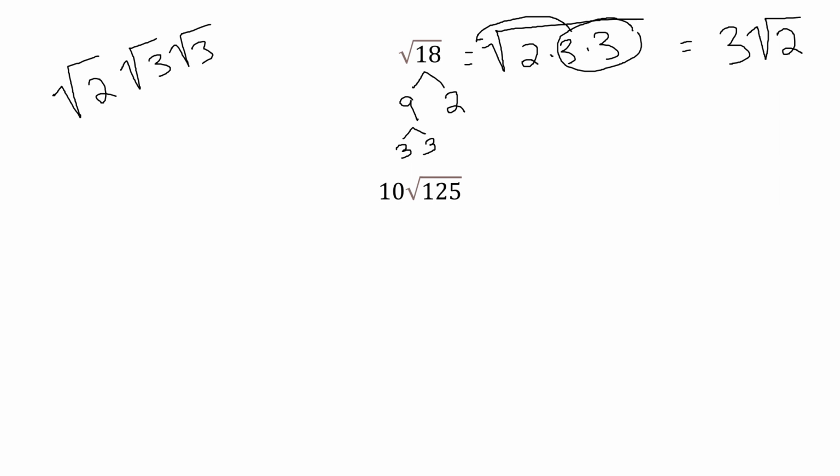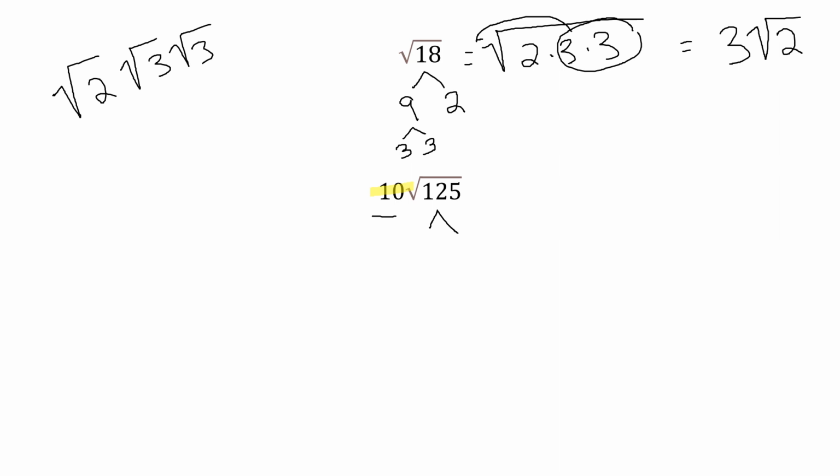Now, 10 square root of 125. Pay attention because this 10 is a whole number. It is not under the radical sign, which means it does not get treed. It just stays put. I'm going to break up my 125. Sorry, I sneezed in my microphone.